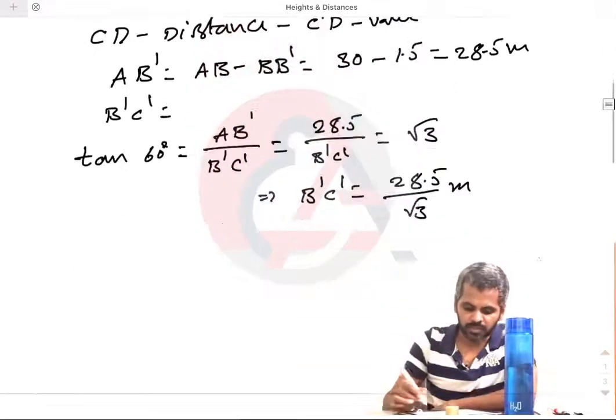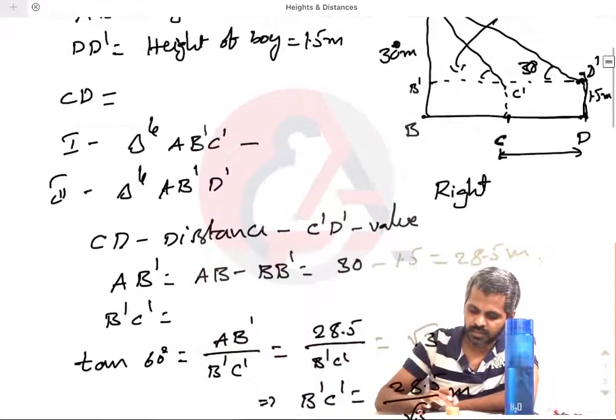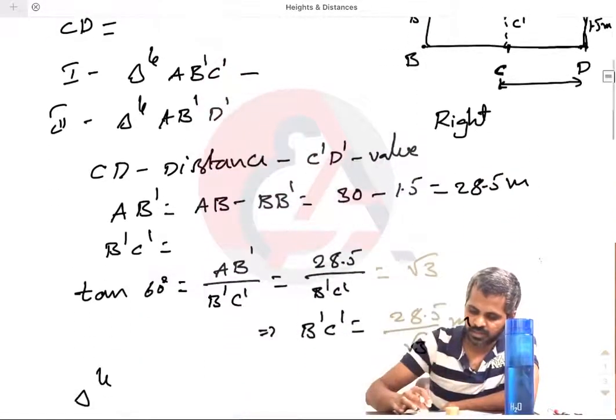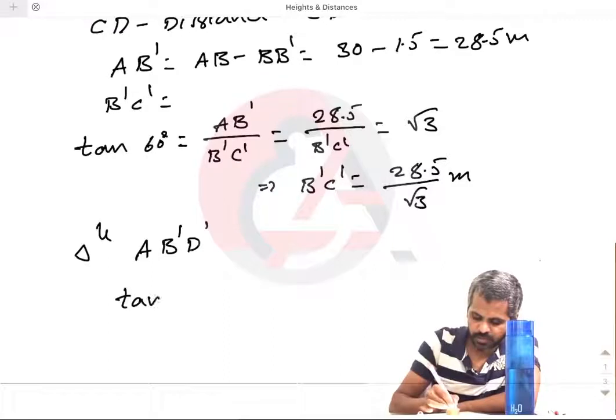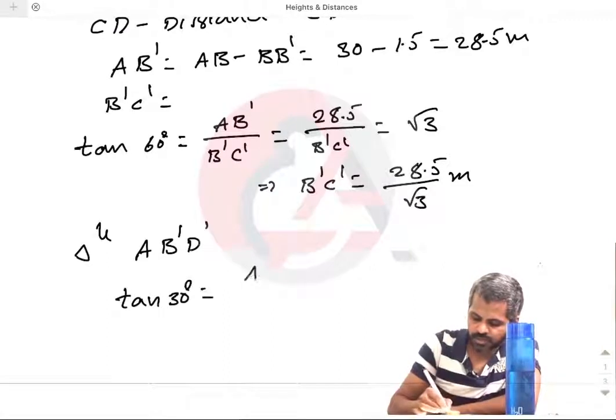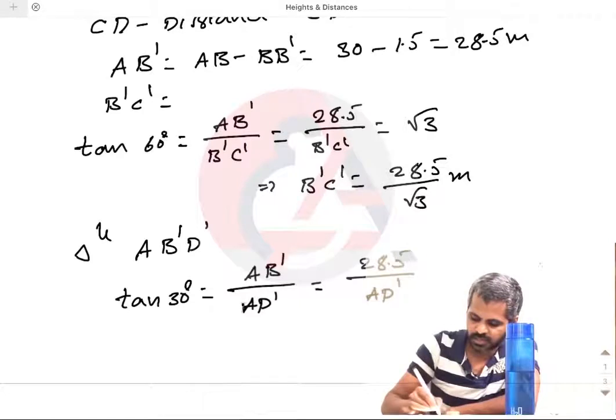Now come back to the second right angle triangle, A B dash D dash. From here tan 30 will be equal to opposite side by adjacent side. The opposite side is 28.5, and the adjacent side is B dash D dash.